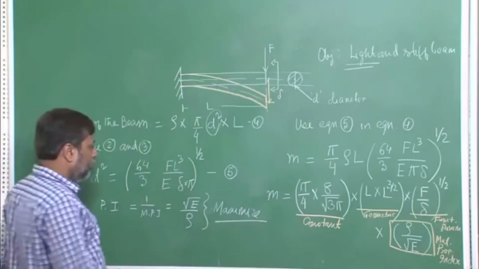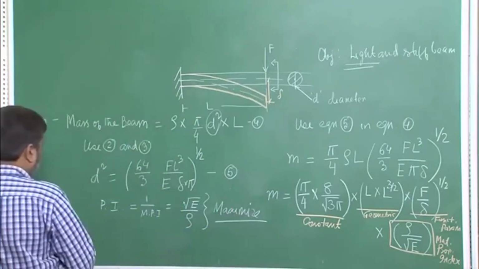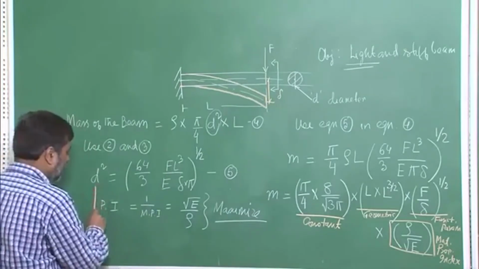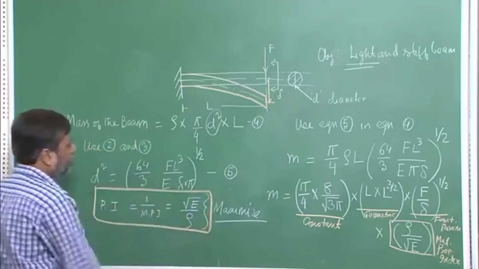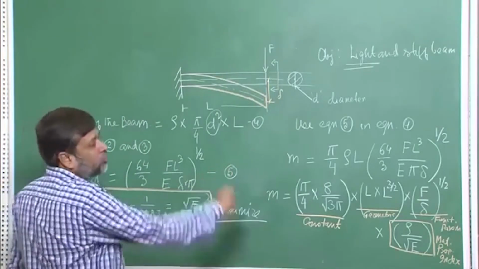So, maximization of this performance index, square root of E over rho, is what can give us the solution.